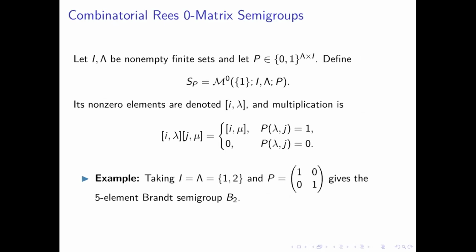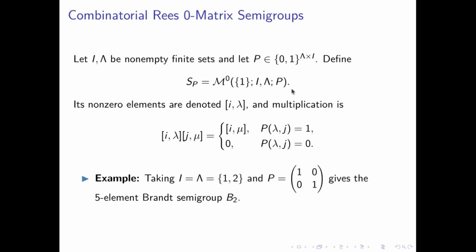Okay, so for the next main result, I want to talk about combinatorial Rees zero matrix semigroups. It's the same Rees matrix semigroups, but now you can only take the group to be the identity group, a trivial group, and your matrix P to consist only of zero or the identity in the group.